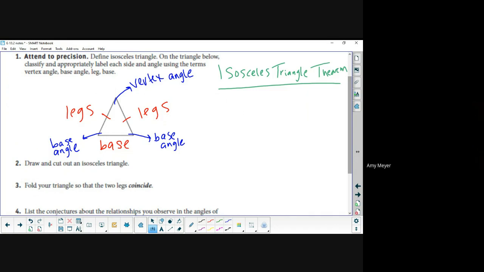We're going to write it in if-then form. So let's put if here and here. Here's what the theorem says. You can copy it just like this.